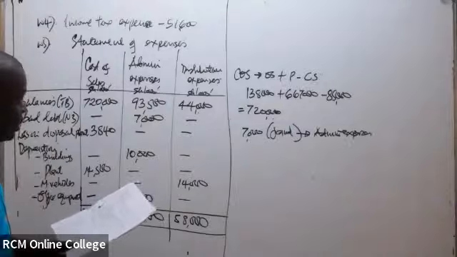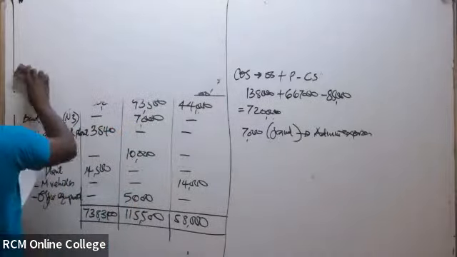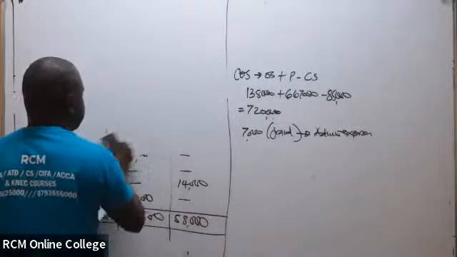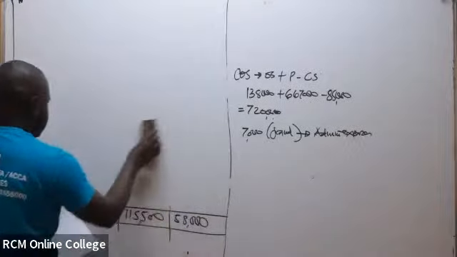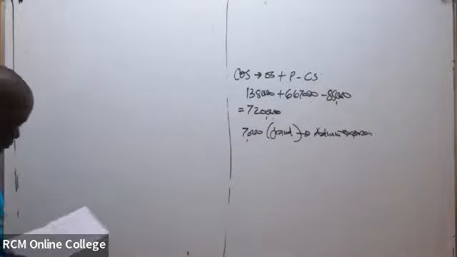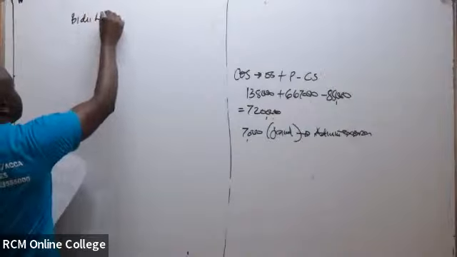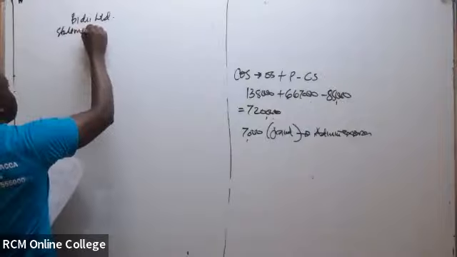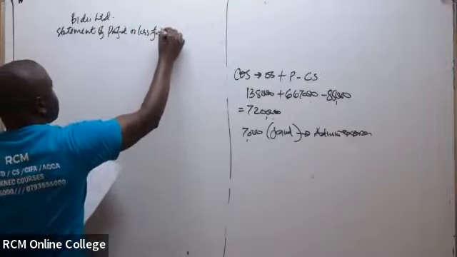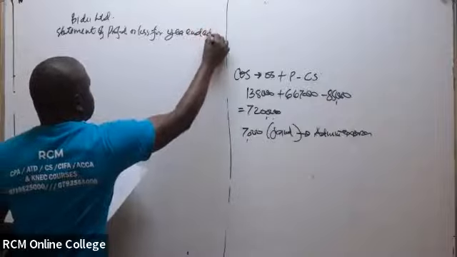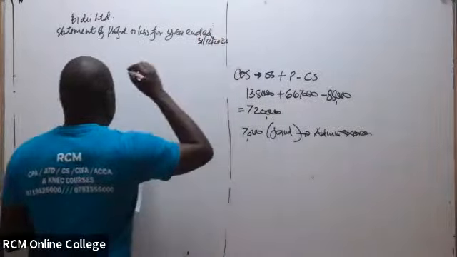So BD Limited, statement of profit or loss, for the year ended 31st of December 2022.